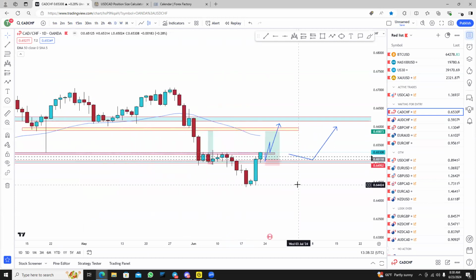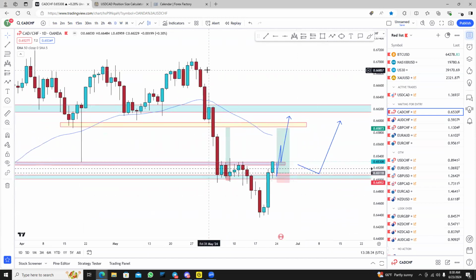Your daily is bullish. How do we know? Here's your higher high. Here's your higher low. Higher high, higher low, higher high, higher low. My bad. Here's your higher high. Here's your higher low, right here. So then we got a shift of structure.